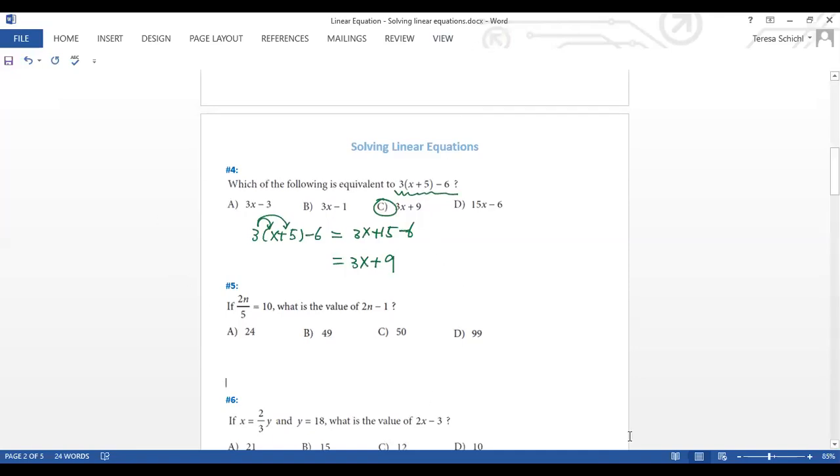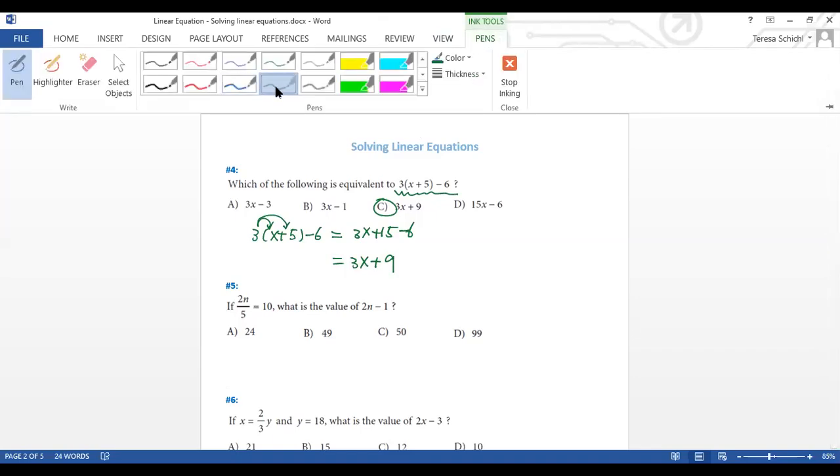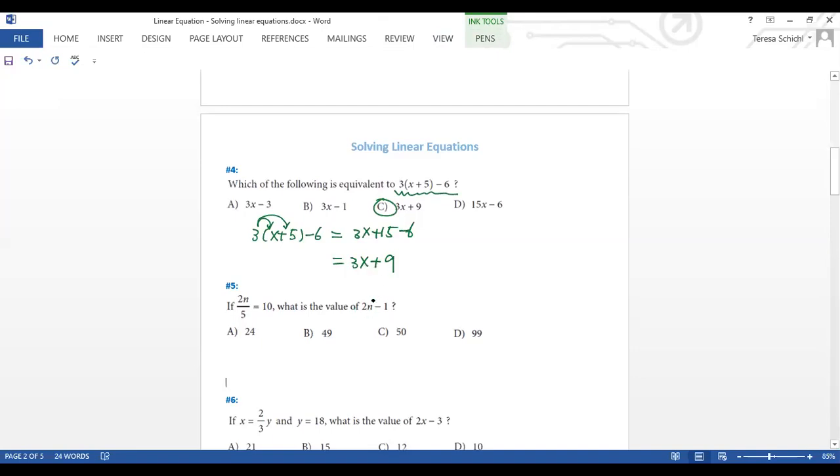Instead of we just jump into trying to solve the equation, let's take a look at what we can simplify. Remember that, like I said, many times SAT is timed, right? So this is 2n. I have 2n's here. All right, so the 2n over 5 equal to 10, right?